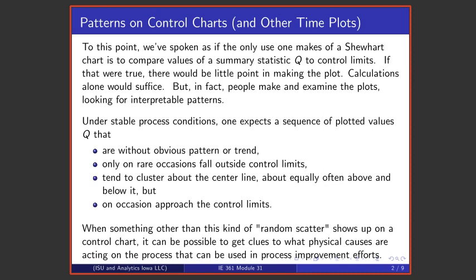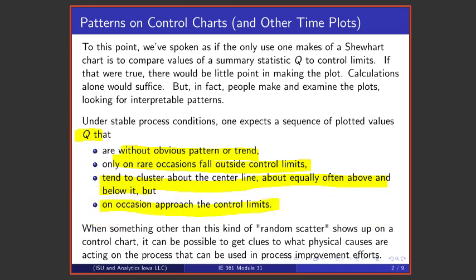Under stable process conditions, if one looks at a control chart, one expects to see essentially random scatter. One expects to see plotted points that have no obvious pattern or trend, only on rare occasions falling outside of control limits, tending to cluster about the center line, typically equally above and below it, but on occasion reaching almost to the control limits.